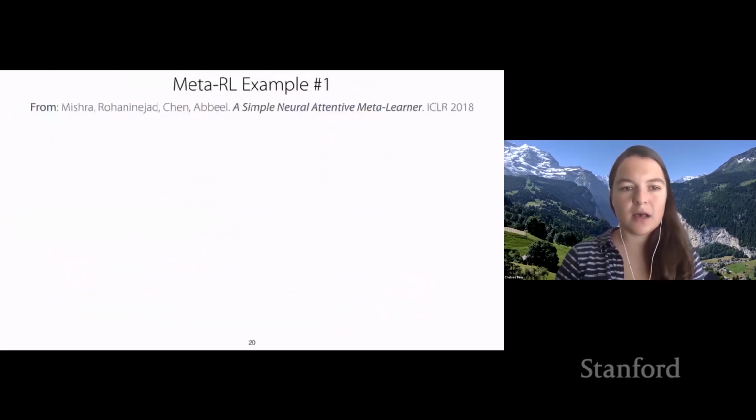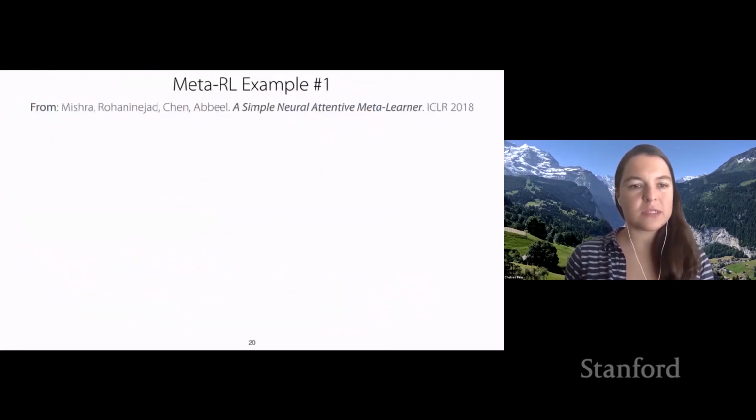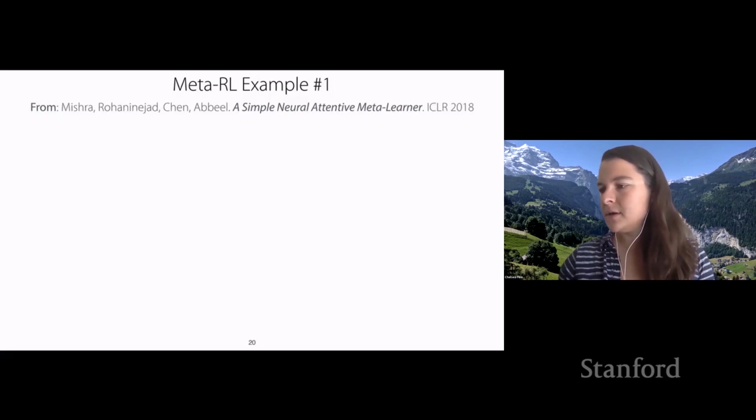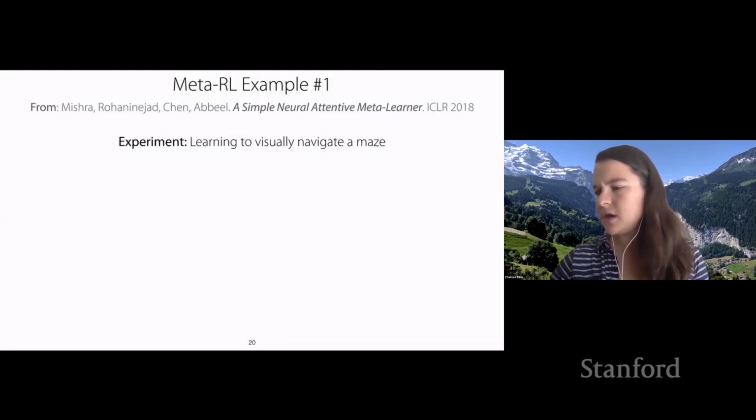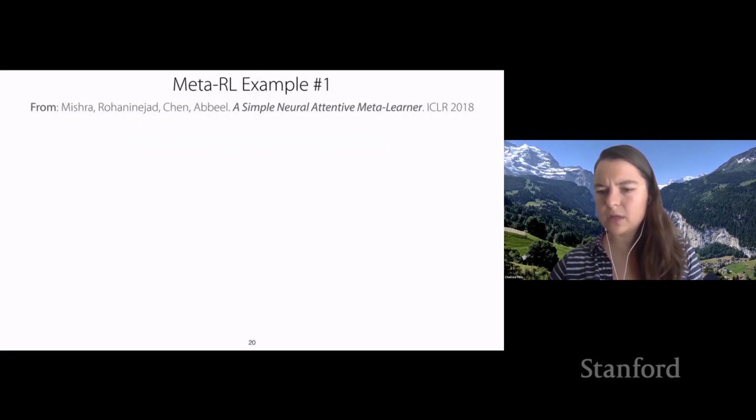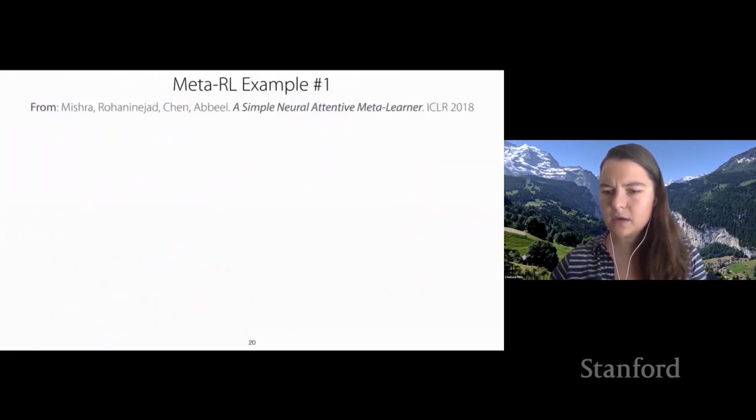Okay. So now that we've introduced the algorithm in different kinds of architectures, I wanted to go through a couple different examples of how these algorithms have been applied. The first is the maze navigation example that I mentioned. But before I go there, there's a quick clarification on the previous one.